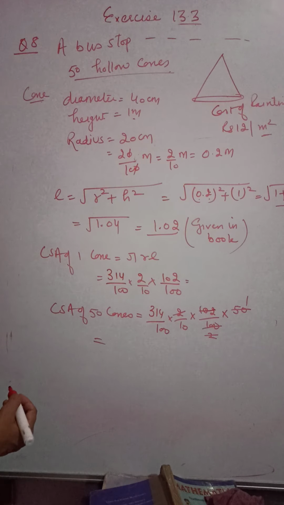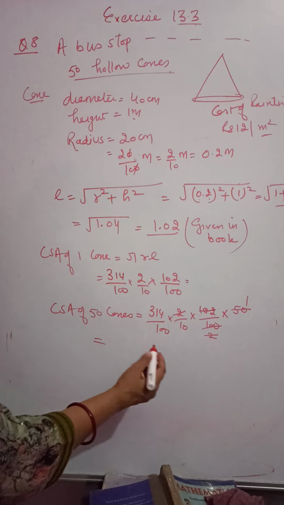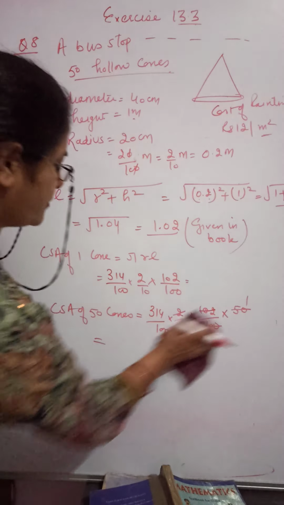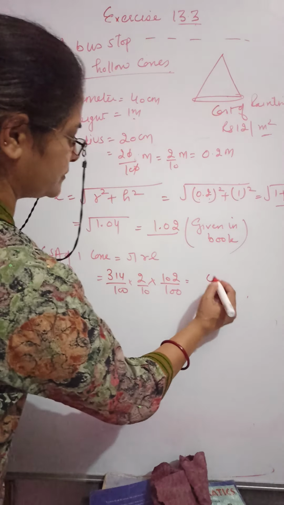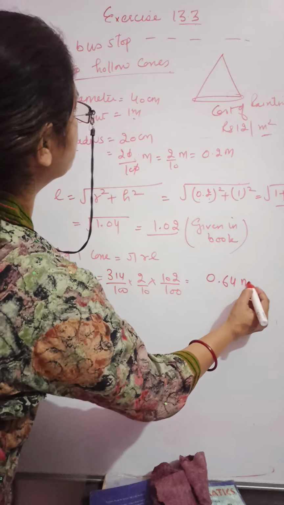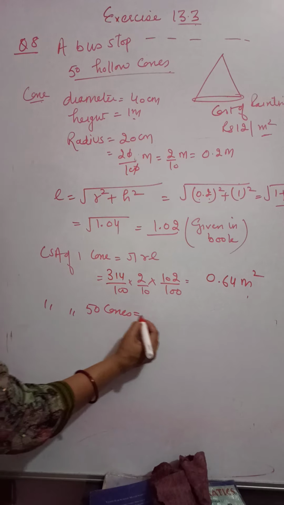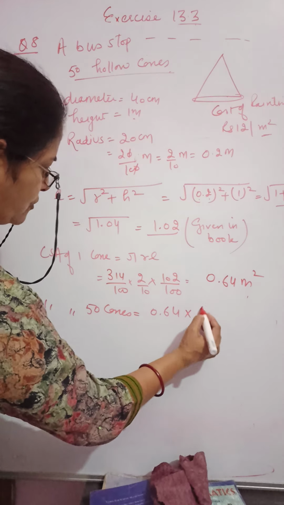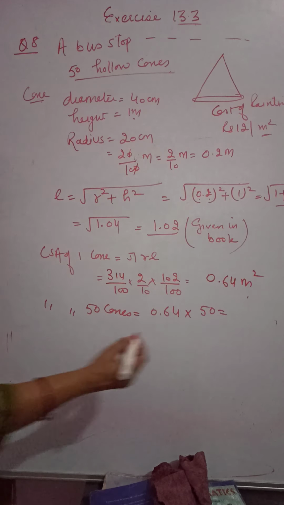So it is 314 upon 100 into 0.2 into 1.02. It comes out to be 0.64 meter square. The curved surface area of 50 cones will be 0.64 into 50, which comes out to be 32 meter square.